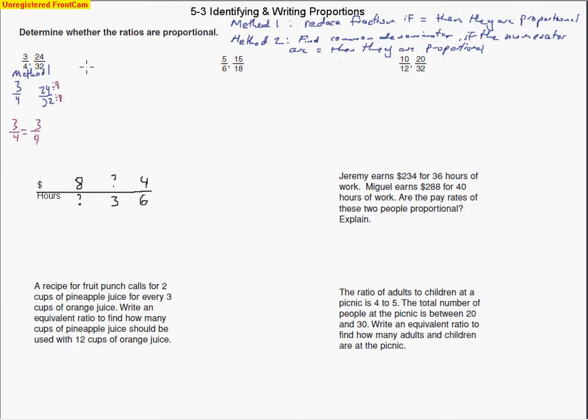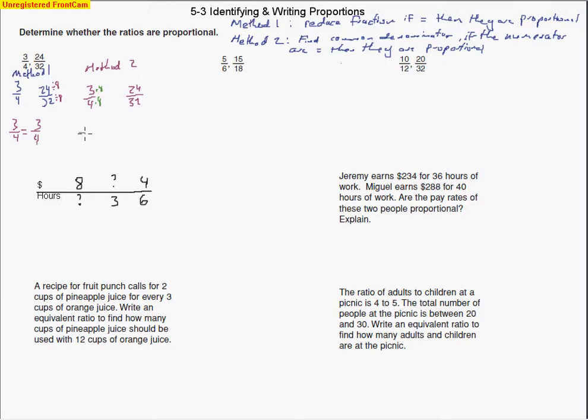And so method number two would just be to take those two fractions and make the denominators the same, just kind of like what I did here, but instead of reducing it, you'd multiply. So take that 3/4 and think of what number we have to multiply the 4 by to make 32. Well, that number would be 8. So I'd want to multiply the top and the bottom by 8, because 4 times 8 would make 32, and that would have the same denominator.